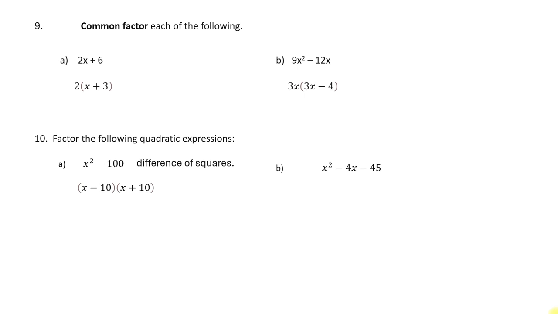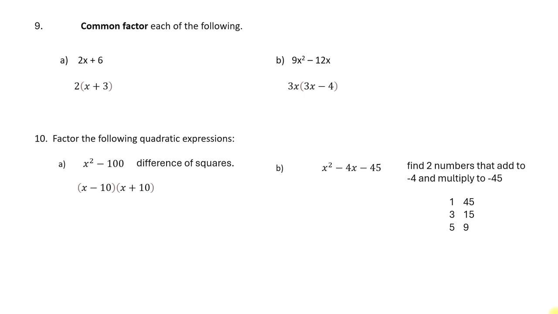So we'll look at the factors of 45. They are 1 and 45, 3 and 15, 5 and 9, and so on. We don't have to go any further in this case, though.